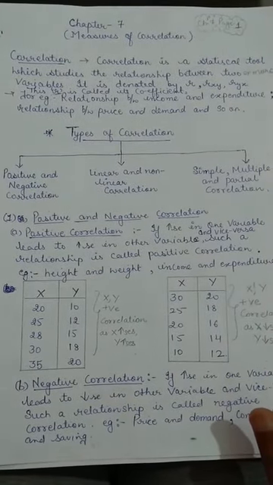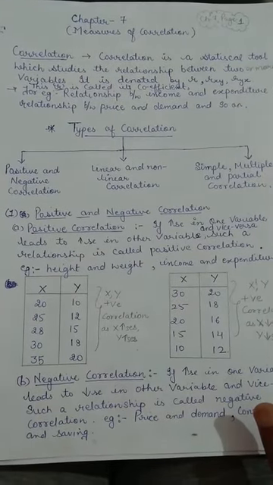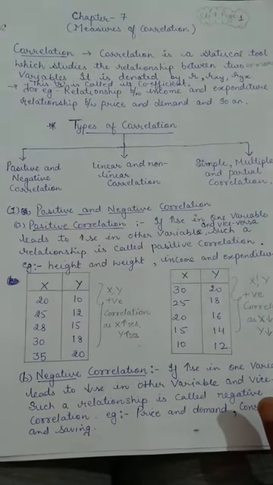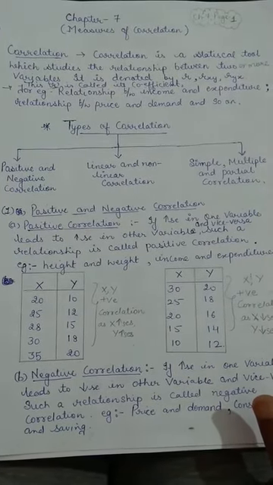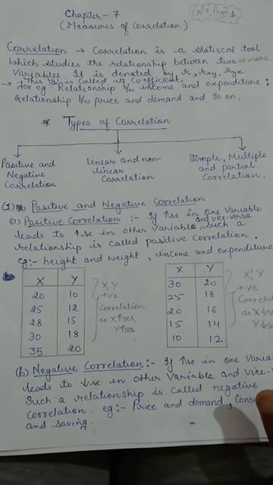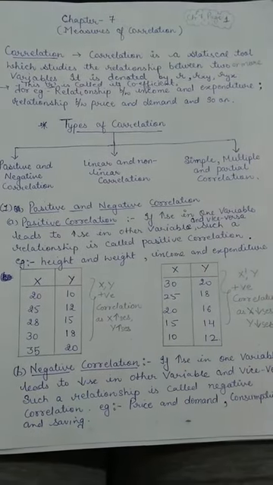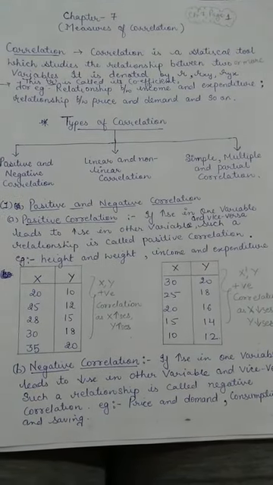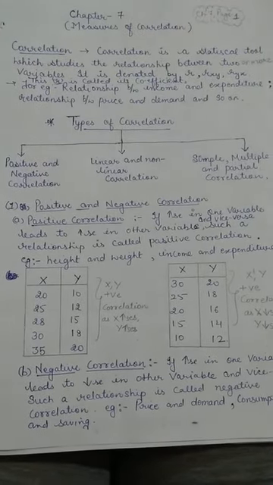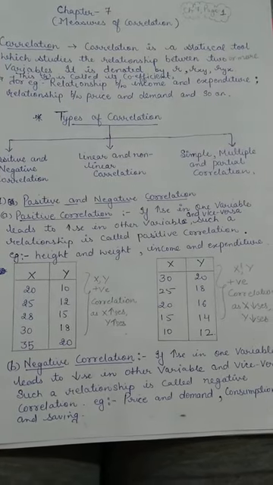Then we have discussed the types of correlation, that is positive and negative correlation. Then linear and non-linear correlation, and then simple, multiple and partial correlation. In negative and positive correlation, I have told you that if one variable increases, the other variable will also increase, and if one variable decreases, the other variable will also decrease.